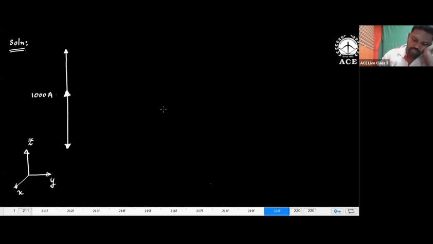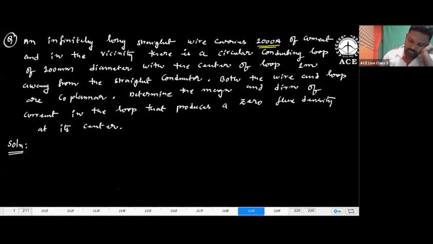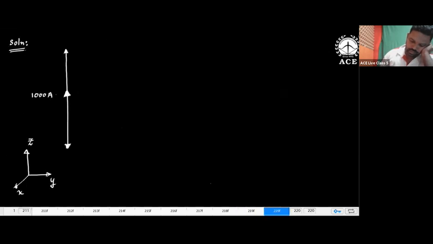Clear? In the vicinity of this one, there is a circular conducting loop of 100 mm radius, beta, with the center of the loop 1 meter away from the straight conductor. So here, the center of the loop, what is the distance between these two things?